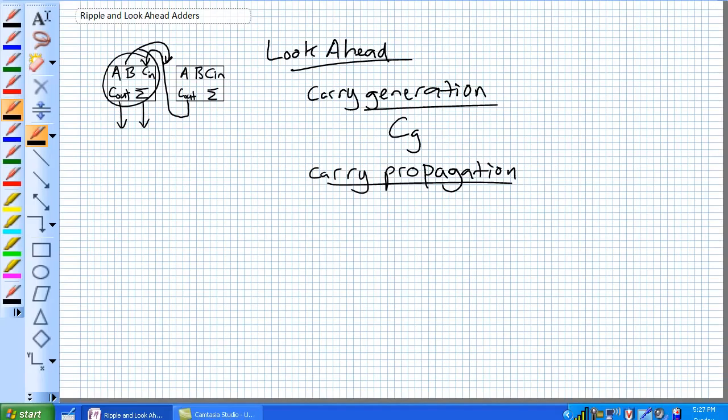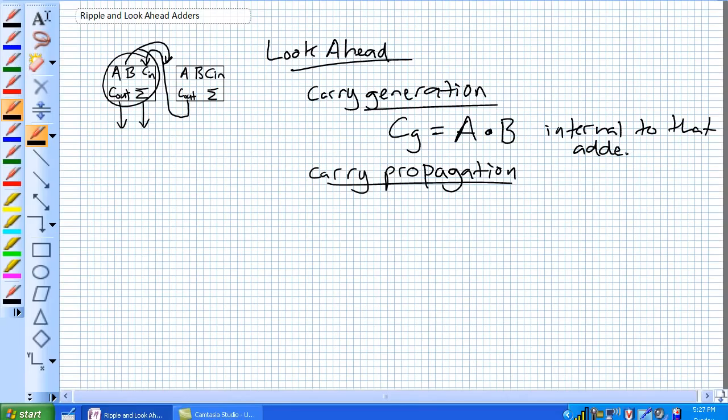It's produced internally to that adder if A and B are both 1. So what you get is A and B, that's internal to that adder stage.